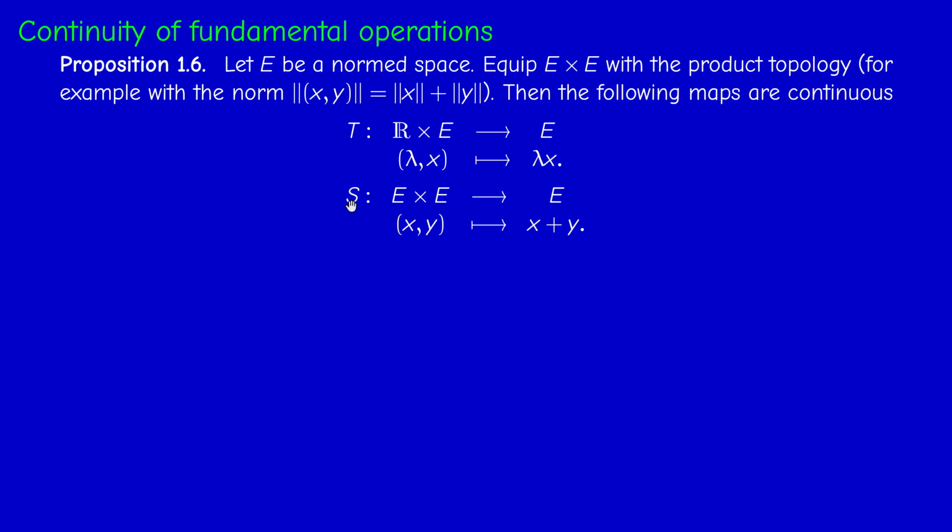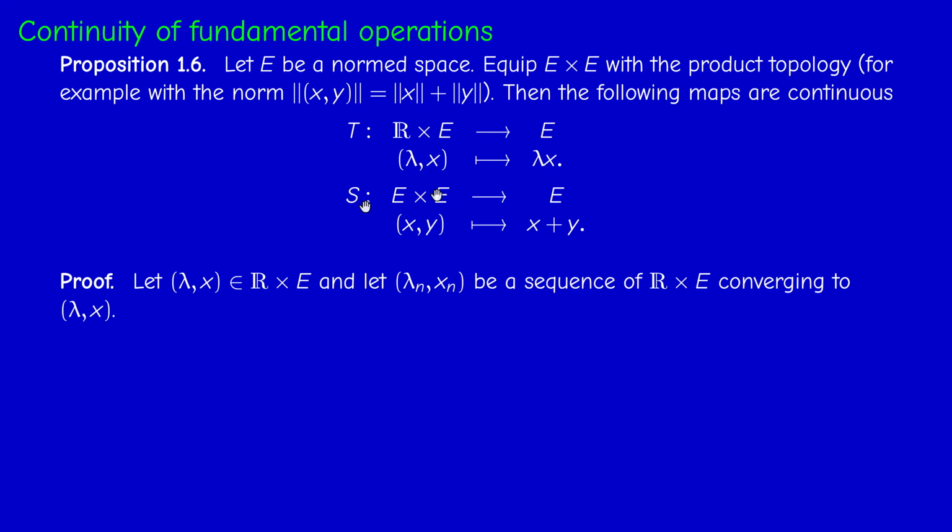And then we consider the operator sum. So now E is a normed space, so it's a topological space. This is also a normed space, it's a topological space, same thing here. So we can talk about continuity. Continuity here, because all these sets are metric spaces actually, is equivalent to what we call sequential continuity. So to prove, for example, that T is continuous, we have to prove that T is continuous at every point (lambda, x).